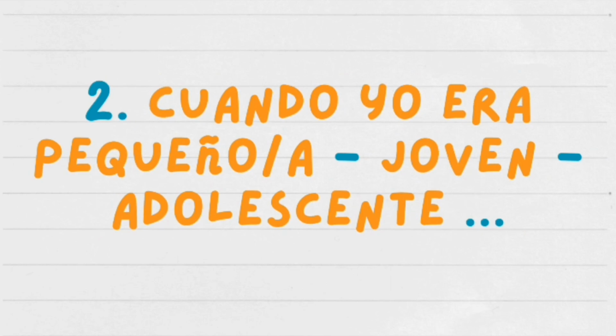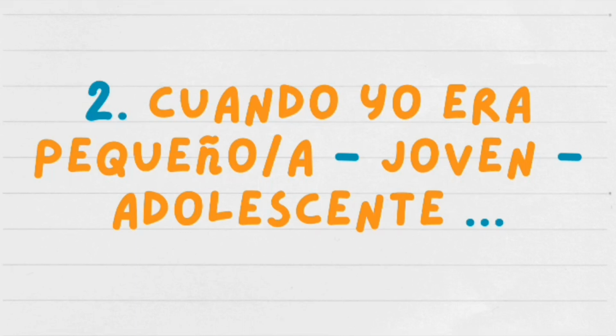Case number 2, we're going to use the imperfect past with these phrases. When you're saying, when I was little, which means in Spanish, cuando yo era pequeño, pequeño if you're talking about a male, pequeña if you're talking about a female. Cuando yo era pequeño, cuando yo era pequeña, means when I was little.